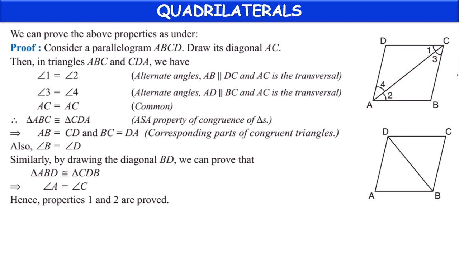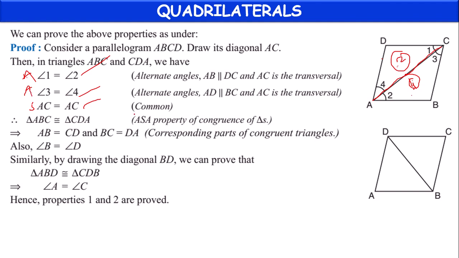If we observe the two triangles formed by drawing one diagonal in the parallelogram, and compare them, these angles are equal, these angles are equal, and one common side is there. So two angles and the side between them are equal in the two triangles.